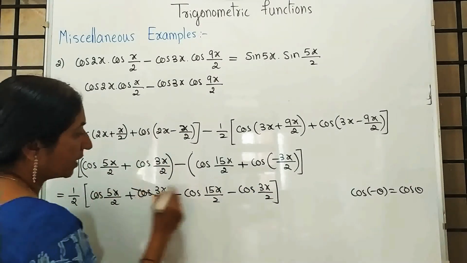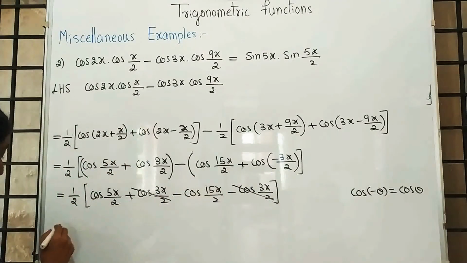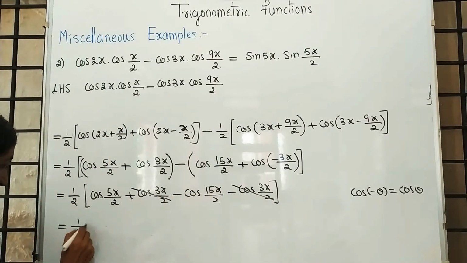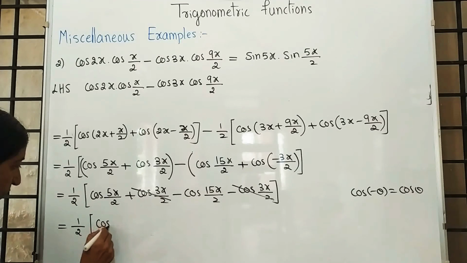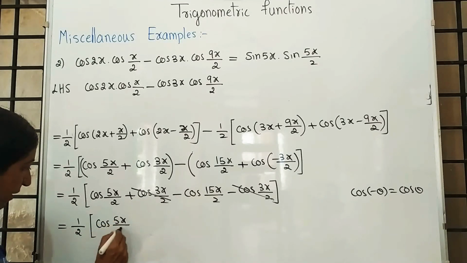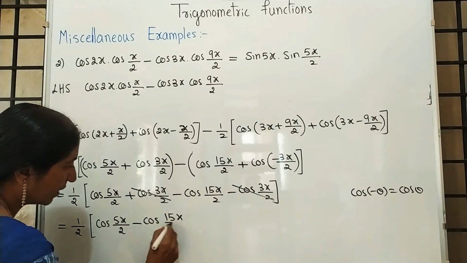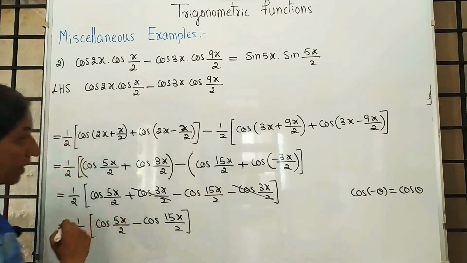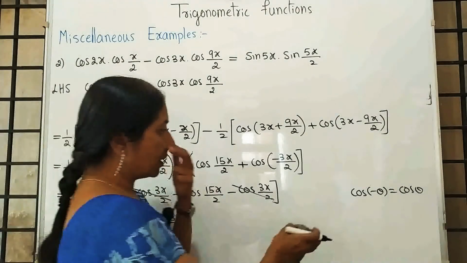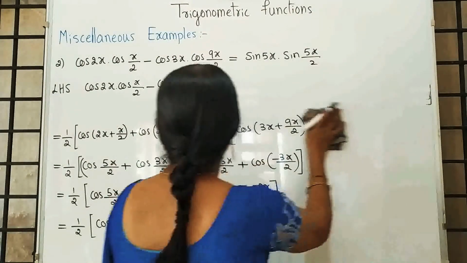Plus cos 3x/2 minus cos 3x/2 gets cancelled. 1/2 cos 5x/2 minus cos 15x/2.